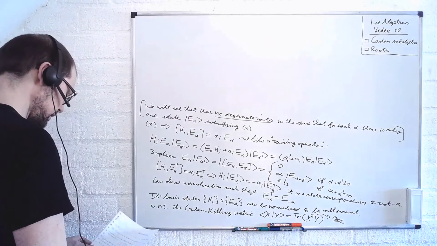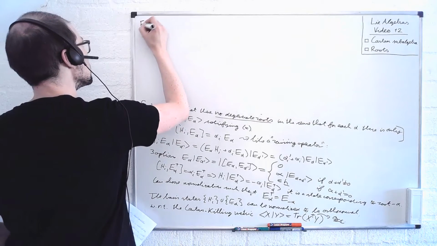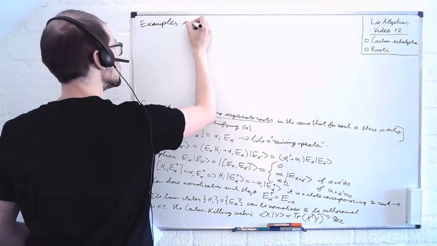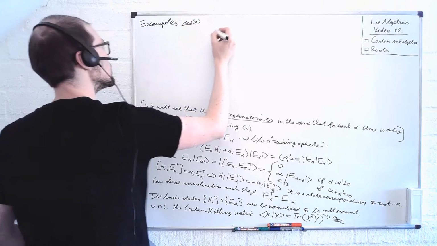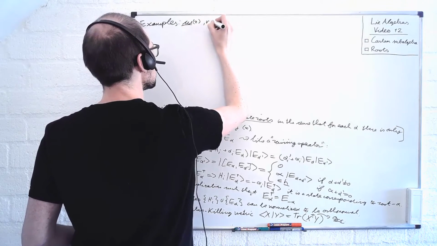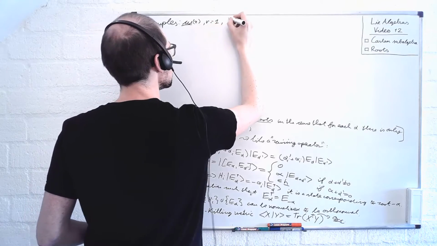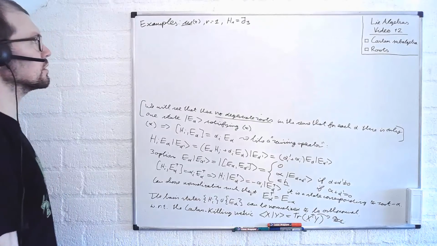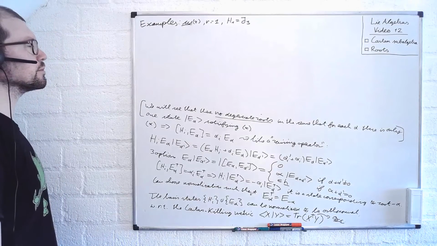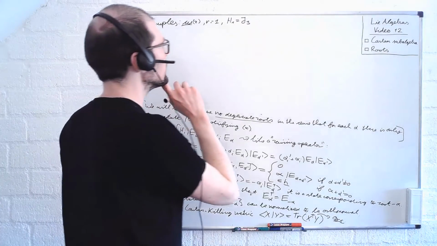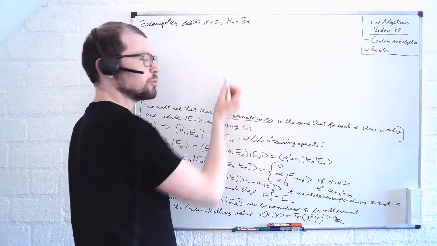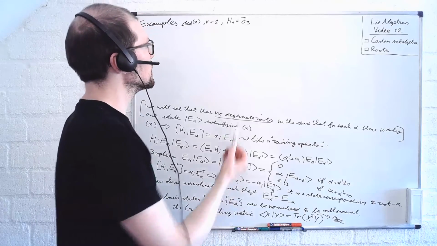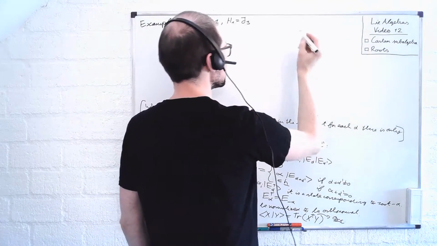It had rank 1, and our Cartan generator was J3. In the adjoint representation, recall this is the spin 1 representation, it has 3 eigenvalues.